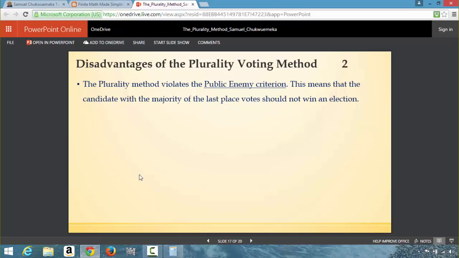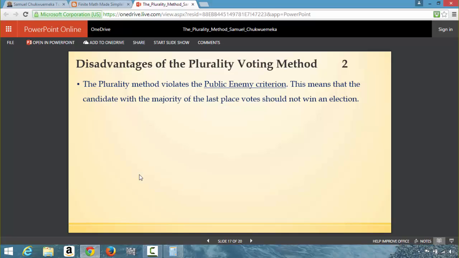Some people, like in the case of Desmond, okay, I know that 57 students didn't like Desmond. But it's still possible that the majority of the last place votes, which should be 62, would go against him. It's still possible to see elections whereby 62 people wouldn't like Desmond, and yet he will still be the winner.